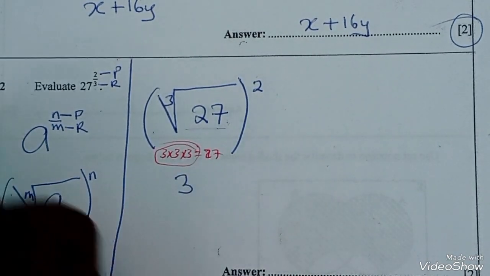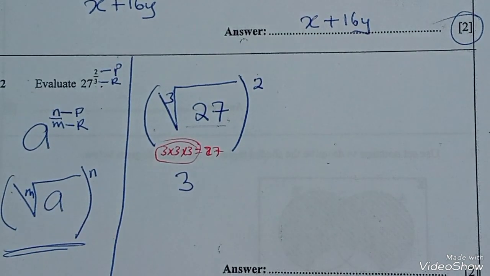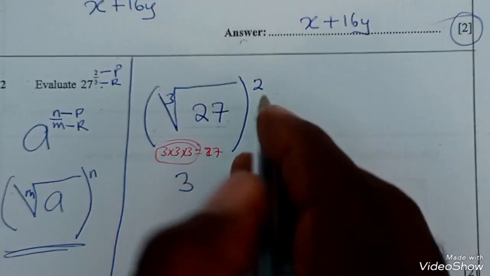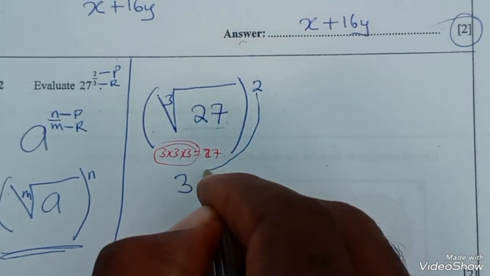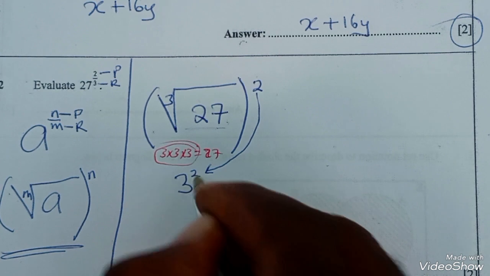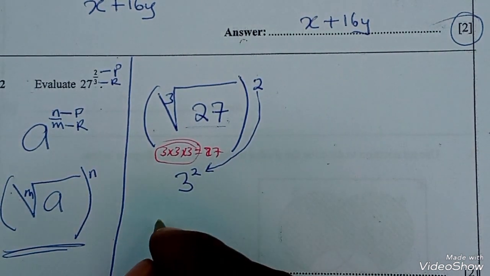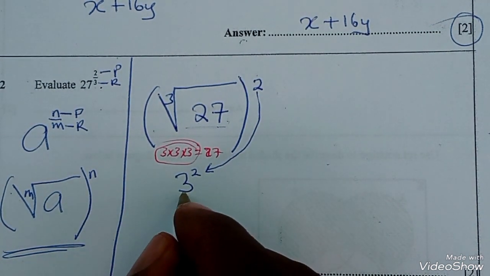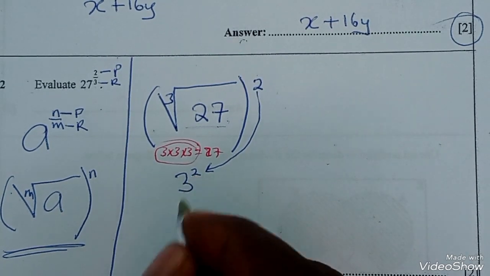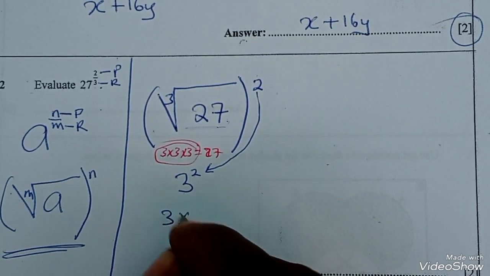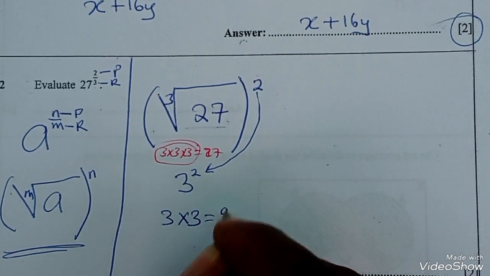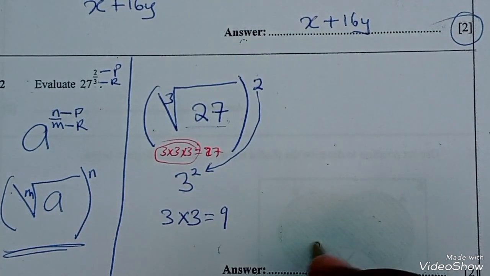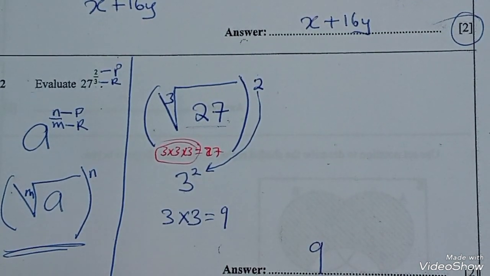So it is 3. So 3 to the power 2. 3 to the power 2 does not mean 3 times 2. No, it means 3 times 3, which is 9. So the answer is 9.